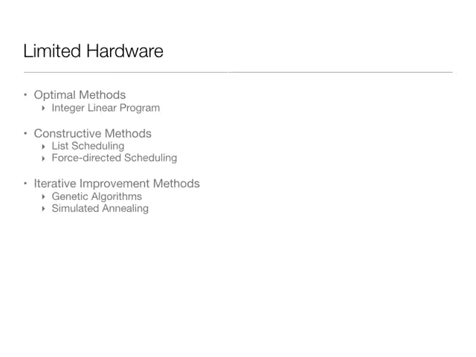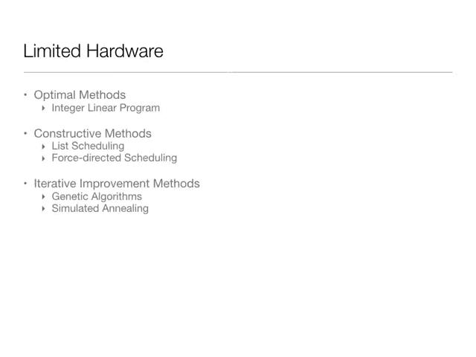A third type of scheduling algorithm is called iterative improvement methods. The idea here is you start with some schedule and assign a cost to that schedule. In fact, the schedule may even be wrong. For example, it might violate the precedence constraints, or it might violate the number of processors you have. But it's fine.